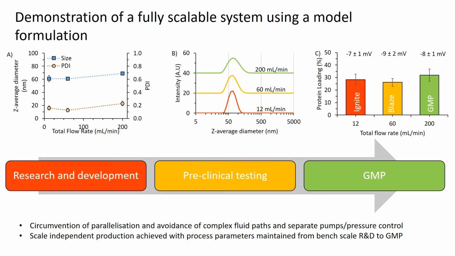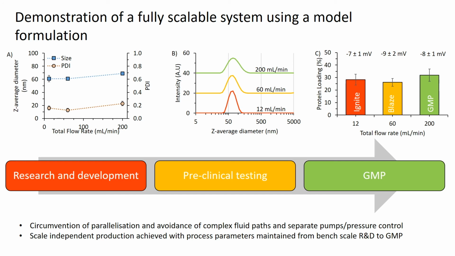So just to wrap up this bit of research, as a part of my project, I was able to go to P&I and use their GMP system, which employs their next-gen technology, and I was able to directly track my formulation using the neutrals and the DSPC cholesterol from the research and development side of things, in terms of using the Ignite as an R&D tool, to then go to preclinical testing using the Blaze, all the way through to GMP, where I was able to use their GMP facility and manufacture my formulation at roughly about 200 mils per minute.